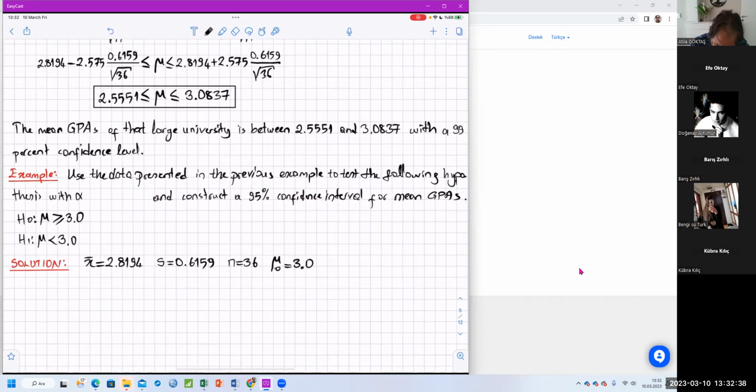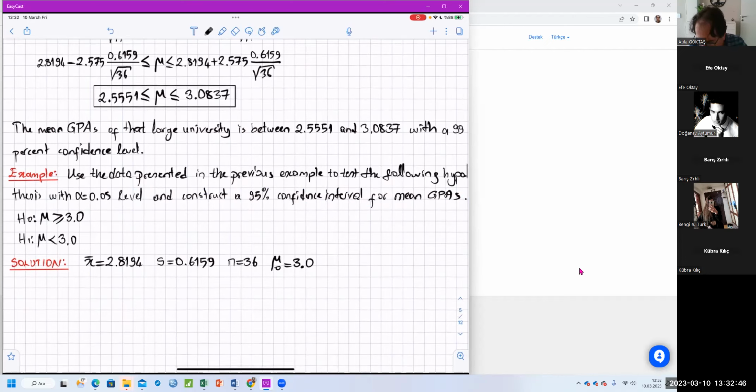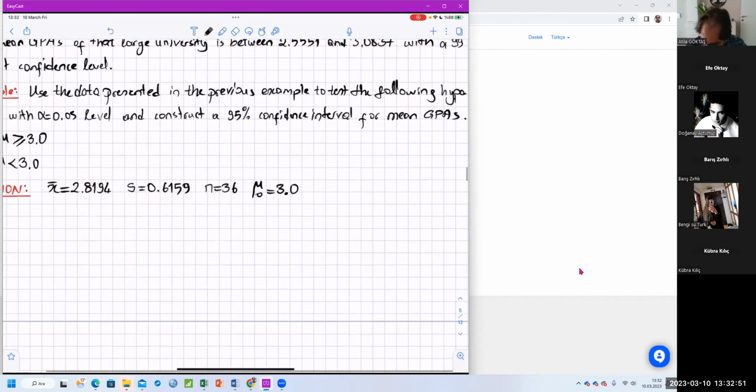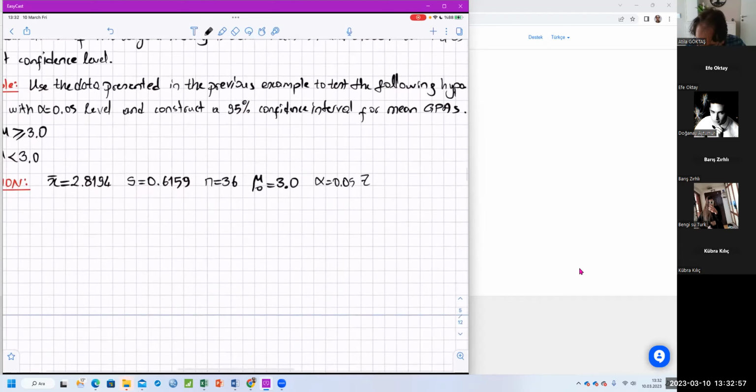With alpha equals 0.05 level of significance. Okay, so it's easy. So alpha is given 0.05, the critical value. So it's left-sided. This one is left-sided.